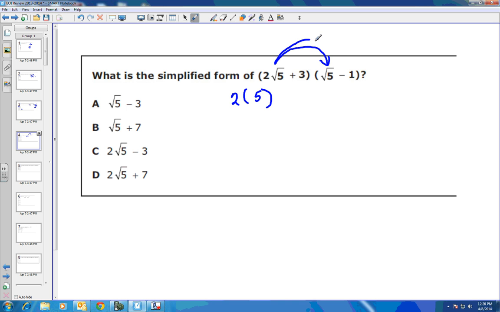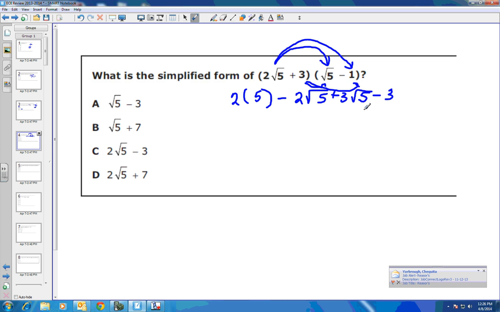Then I'm going to say 2 square root of 5 times negative 1. So that's minus 2 square root of 5. And then I'm going to distribute my 3. 3 square root of 5, that's just plus 3 square root of 5. And then 3 times the negative 1, so that's minus 3. Okay, so now I need to simplify this. 2 times 5, that's going to be 10.